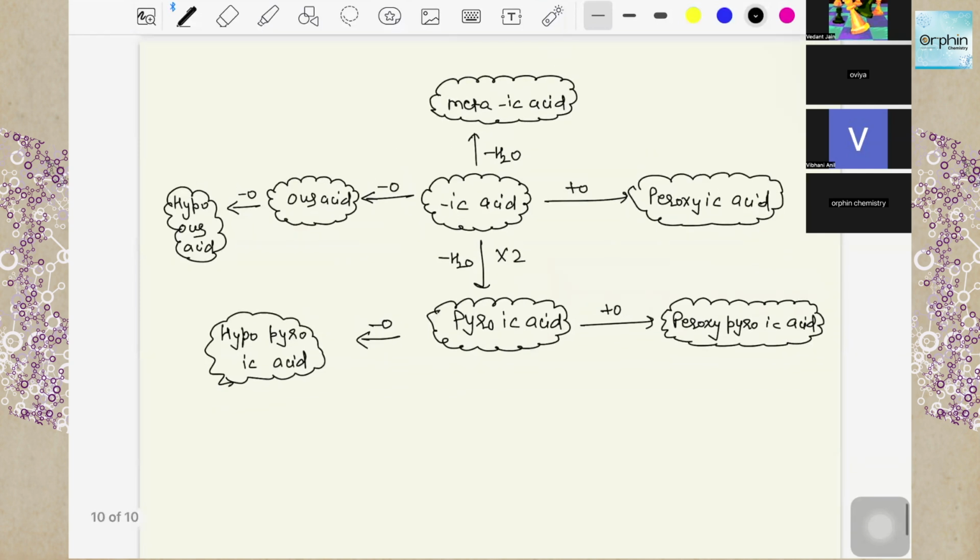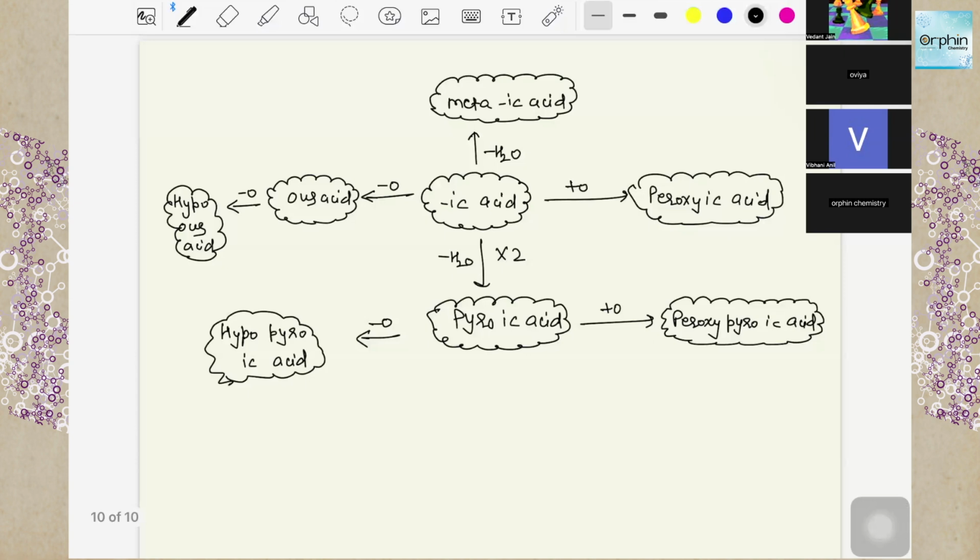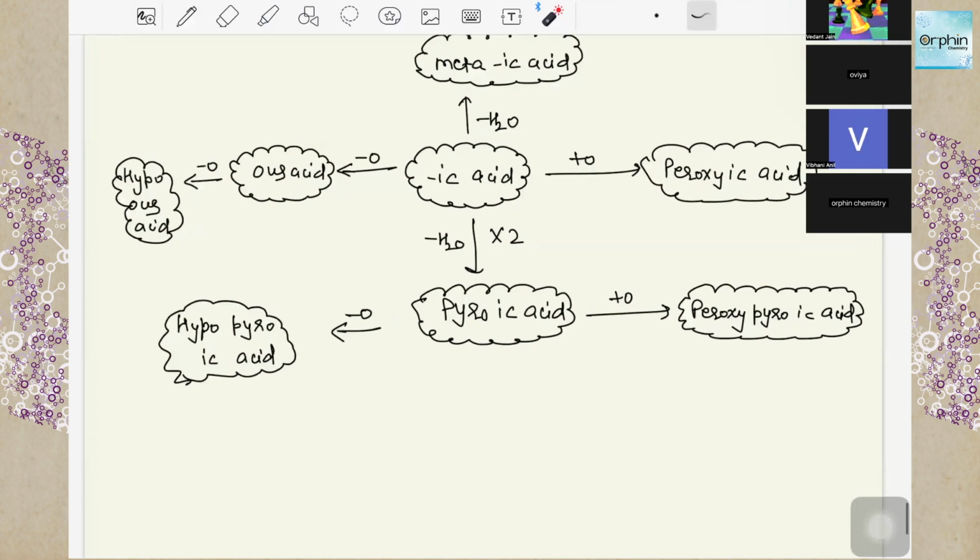Pyro acid? Yes, that also we can do. We have to make it twice, and then we have to remove water. It will become pyro acid. Okay, and we can write the examples for them also.